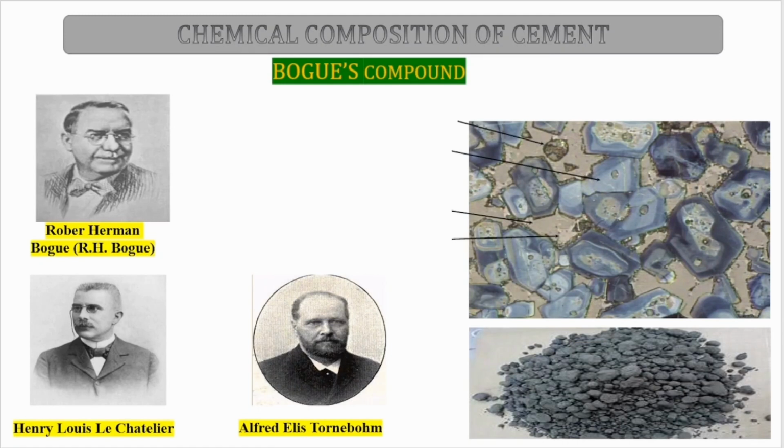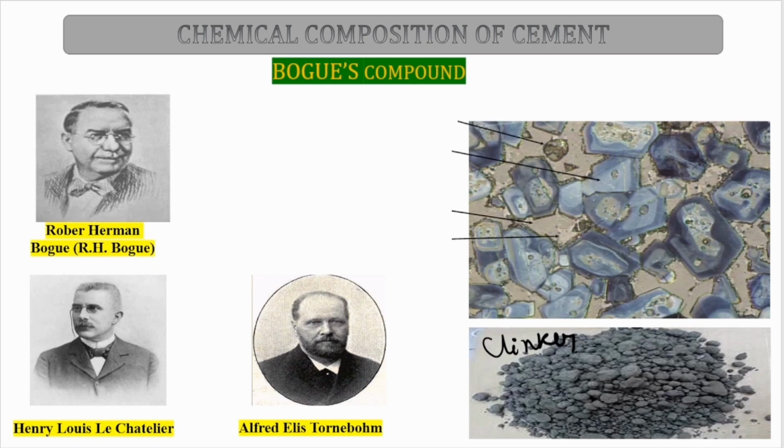Before learning Bogue's compound, let's once again remember the word clinker. This is a picture of clinkers. We have already seen this in the previous video, which will be linked in the description box below. Moving on, we have already seen the oxide composition of cement in the previous slide.